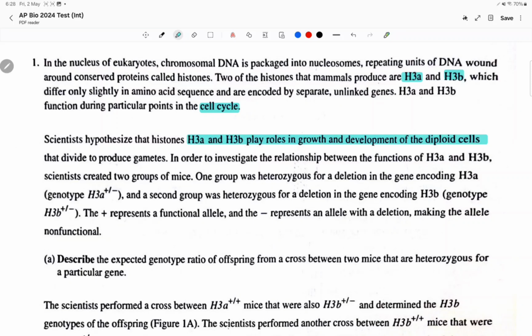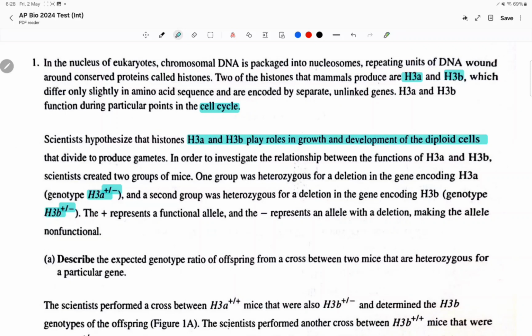One group was heterozygous for deletion in the gene encoding H3A, which will be called H3A plus minus. And a second group was heterozygous for deletion in the gene encoding H3B, which is called H3B plus minus. Plus means present, minus means absent for the allele. So plus means functional allele, minus means not functional allele. So far so good?